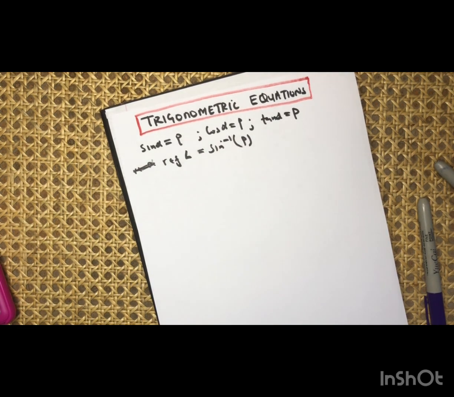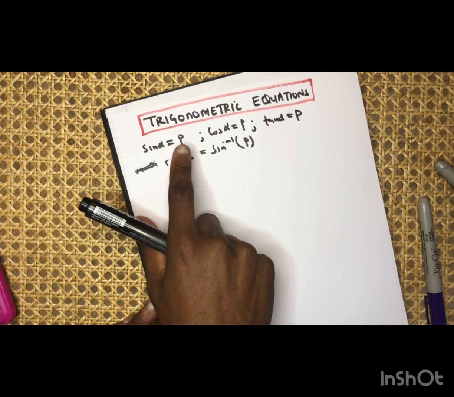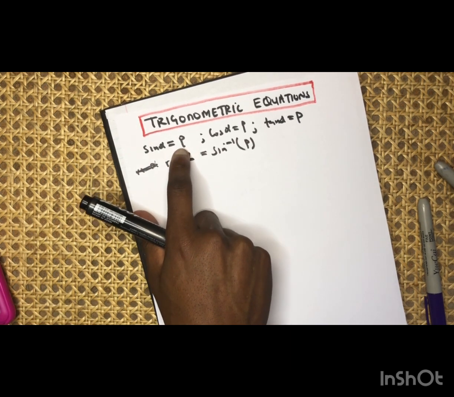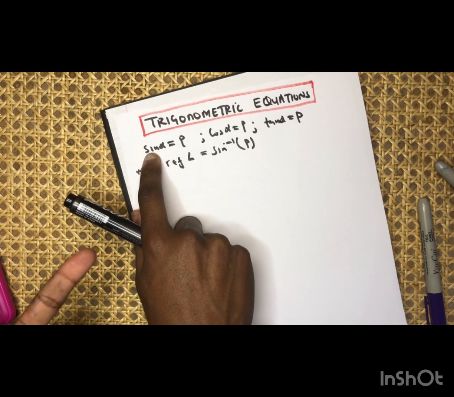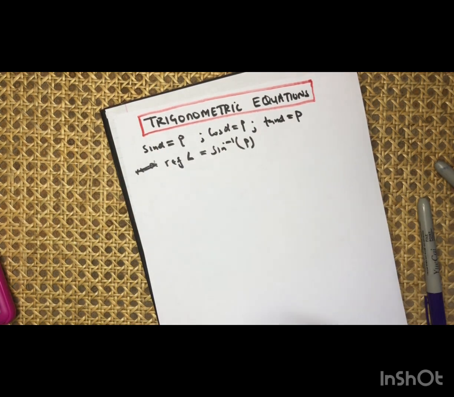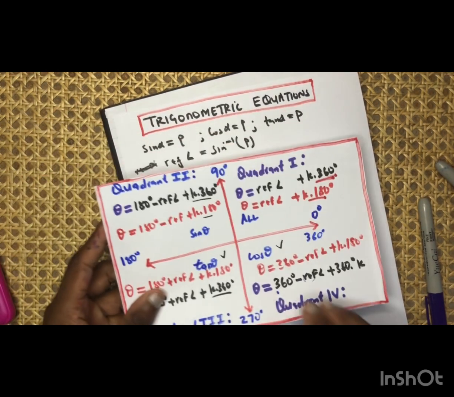Then the next thing you need to do is look at the sign of this numerical value and the given trigonometric ratio to determine in which two quadrants the solution must lie, according to your CAST diagram.